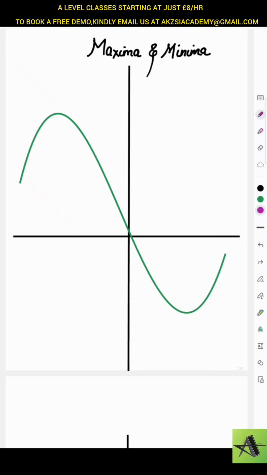So we can find these stationary points with the help of the slope. If I draw a tangent at this point and similarly draw a tangent at this point, you can clearly see that the slope of this tangent is parallel to the x-axis, or I can simply say it's 0.